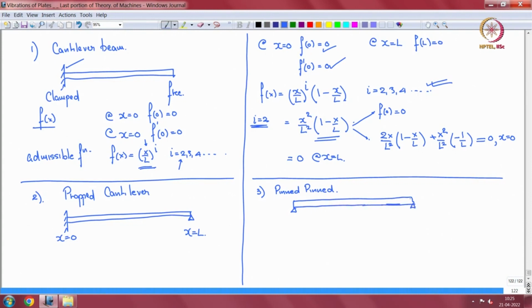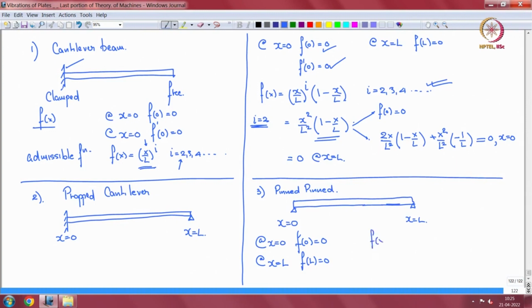Another support here, x equal to 0, x equal to L. Then at x equal to 0, what is the condition? f of 0 must be 0, and at x equal to L, f of L must be 0. So what are the admissible functions? Strangely the same as before.